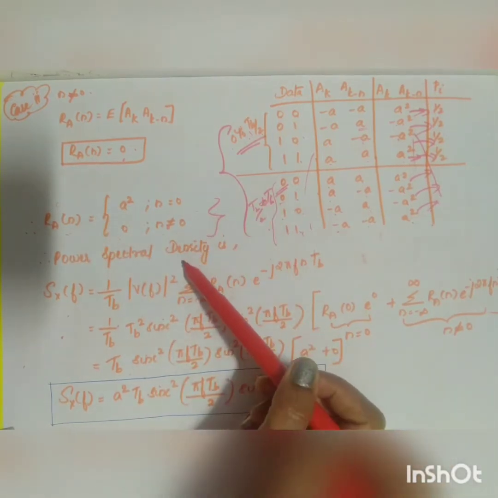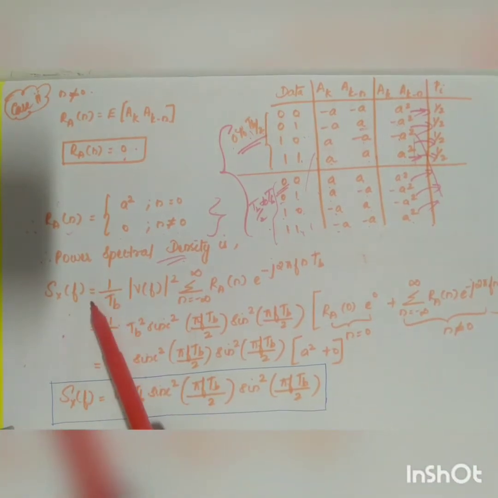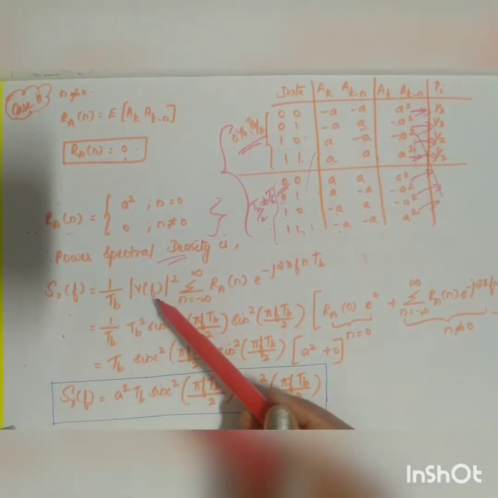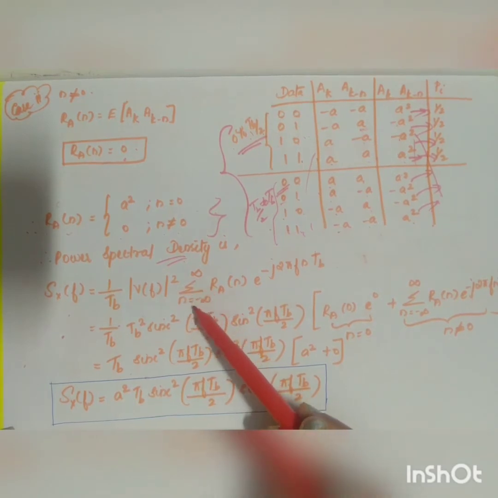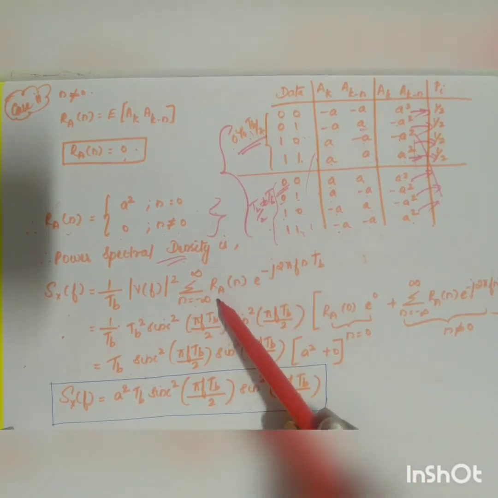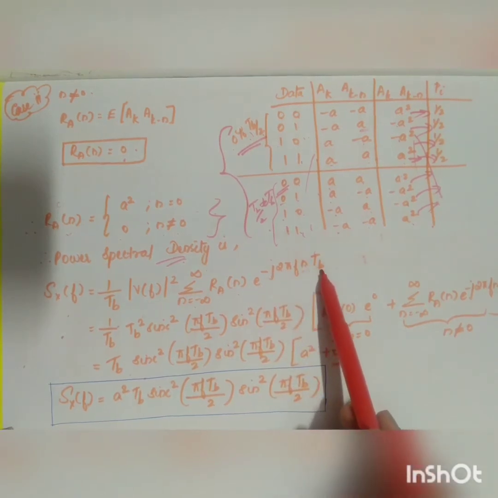Now can you substitute it in your power spectral density formula? So S_x(f) is equal to 1 by Tb into magnitude of V(f) square, summation n equal to minus infinity to infinity R_A(n) into e power minus j2 pi f n Tb.